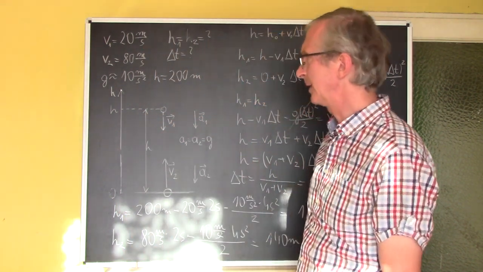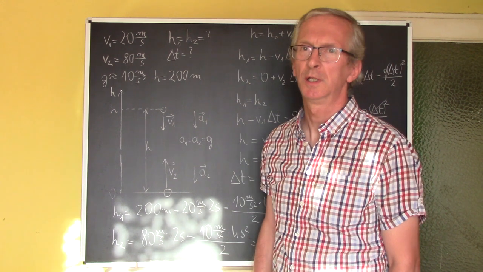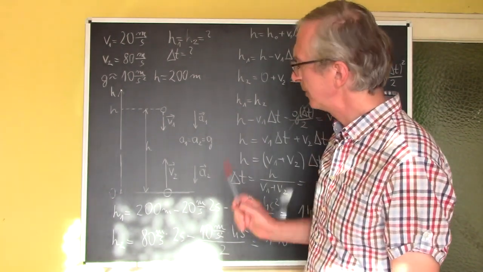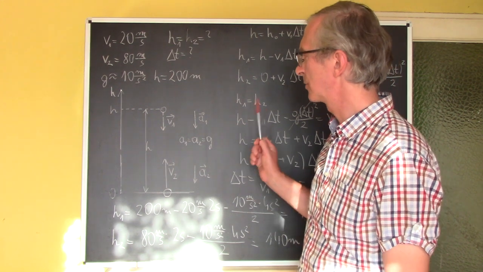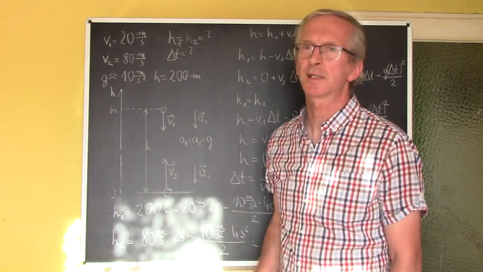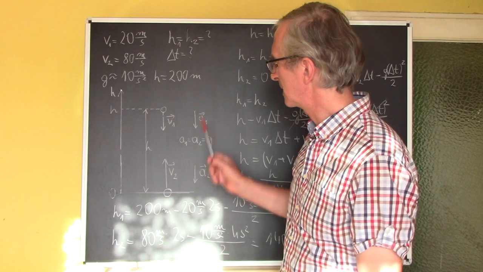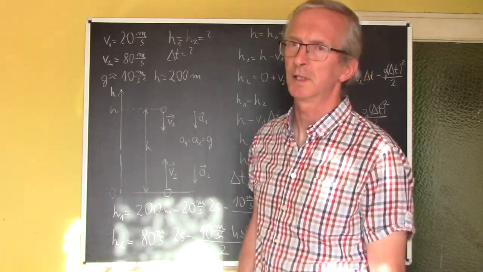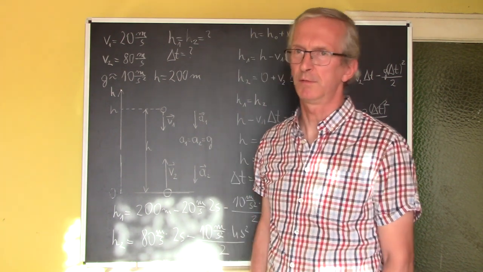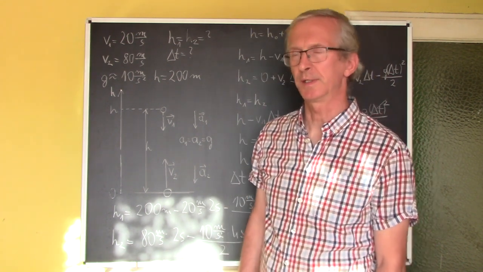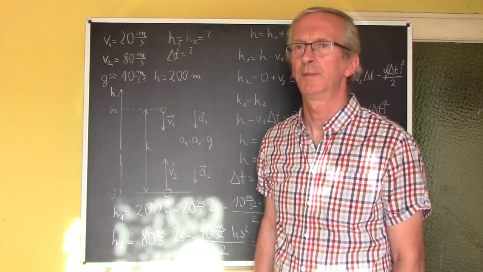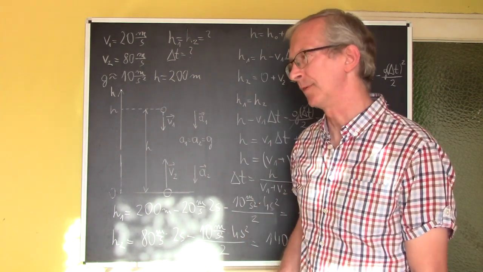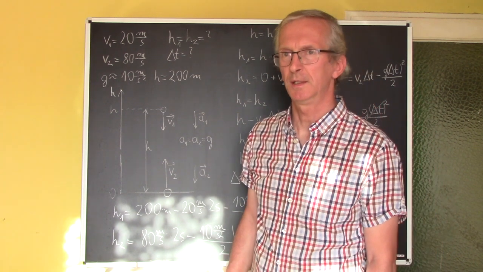Now we can write the equation of motion for the first and second body. Before we do it, we should also draw the acceleration vectors for the first and the second body. We know from Newton's second law of motion that the acceleration vector is directed the same as the resultant force.